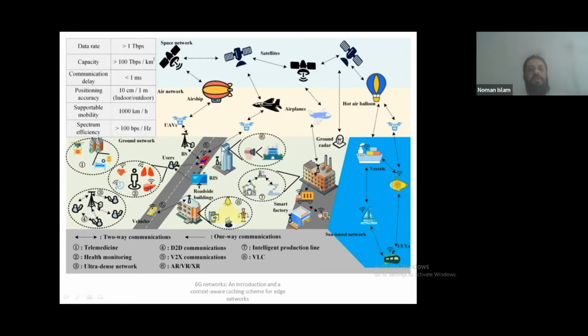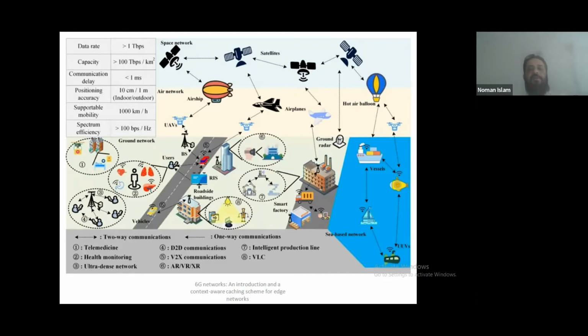On the ground, we have the terrestrial network, and at the sea, we have other sea-based networks. So, different types of applications are possible, such as telemedicine, health monitoring, ultra dense network. Then we have device to device communication, in which devices will be connected together to provide services, vehicle to vehicle communication, augmented reality, virtual reality, extended reality.